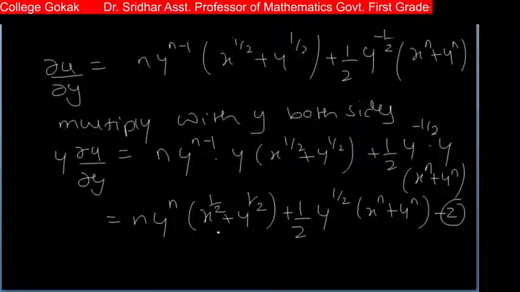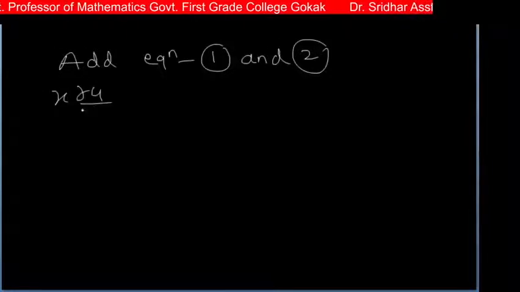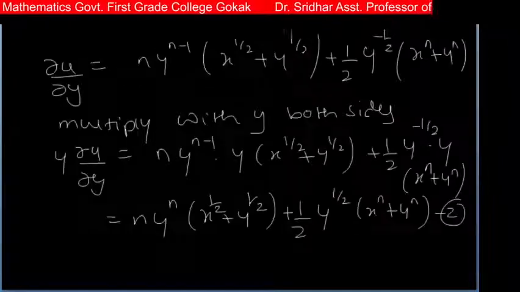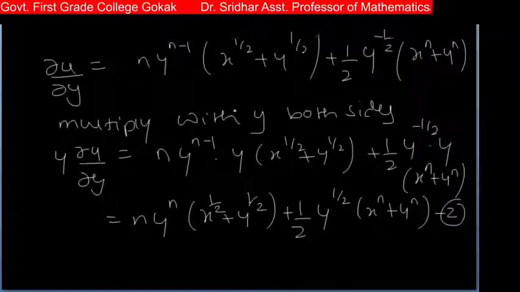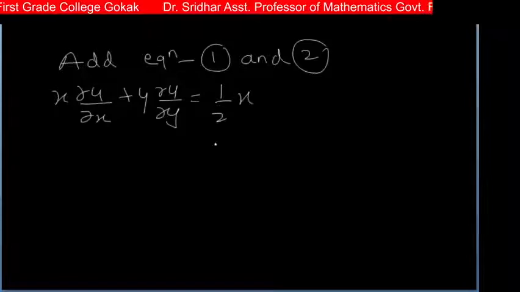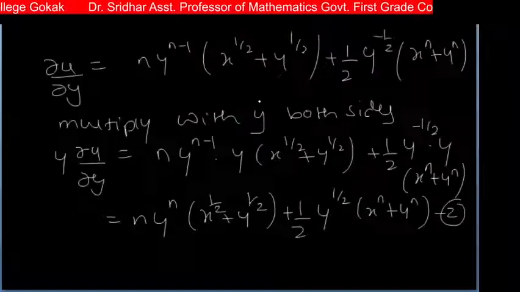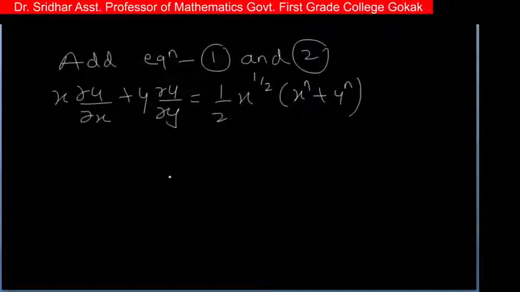Okay, so now adding equation 1 and 2, we get x ∂u/∂x plus y ∂u/∂y is equal to, okay, so x ∂u/∂x is 1 by 2 into x raised to 1 by 2 into bracket x raised to n plus y raised to n.